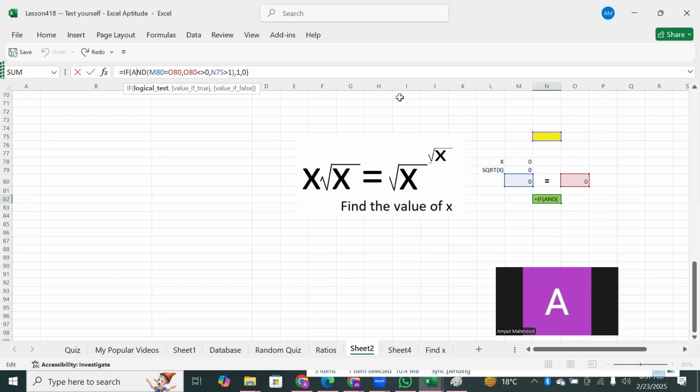Otherwise if we put a 1, both sides will become 1, so those are equal, but it is still giving you error because we want any value greater than 1.